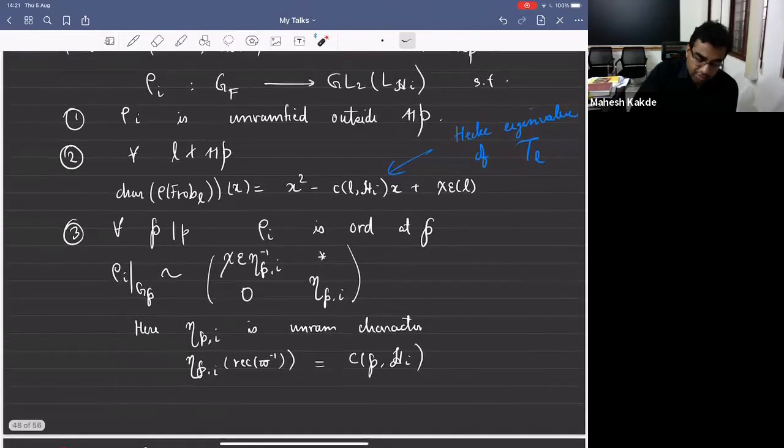What happens above P? At primes above P, something interesting happens. So these are ordinary forms because we had hit them all by Hida's idempotent operator. So when you restrict your rho to G_P, you get a reducible representation.